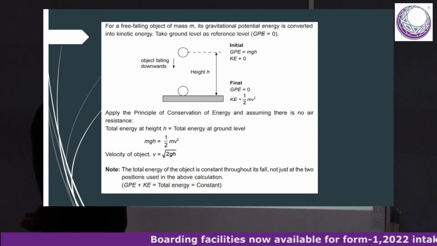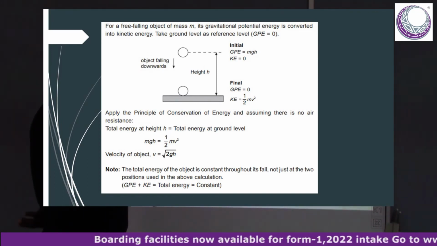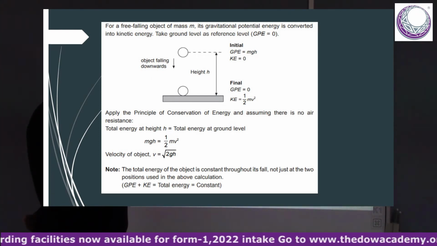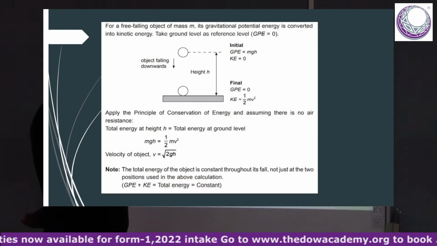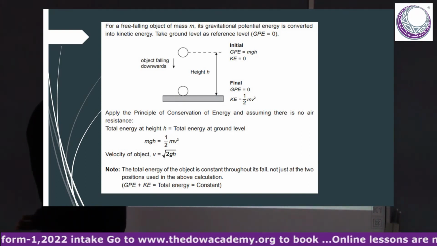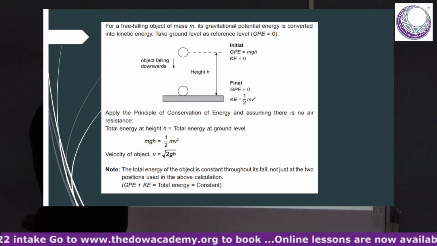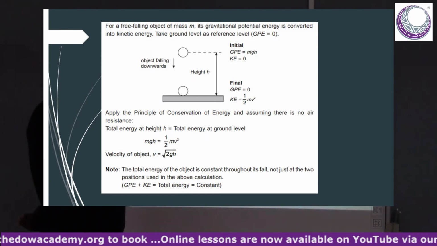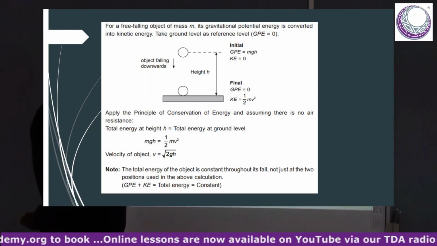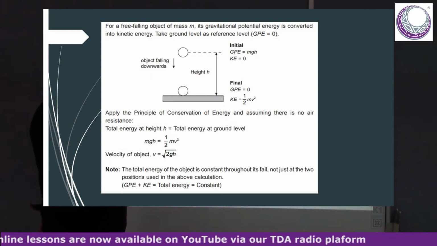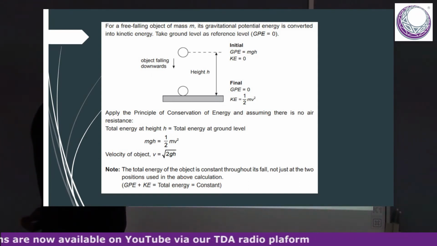We are saying the total energy at height h, which is the g.p.e, equals the total energy at the ground, which is half mv squared. So our formulas are the same there. mgh is equal to half mv squared as shown here. So you can calculate either or any of these using the other formula which is given there.